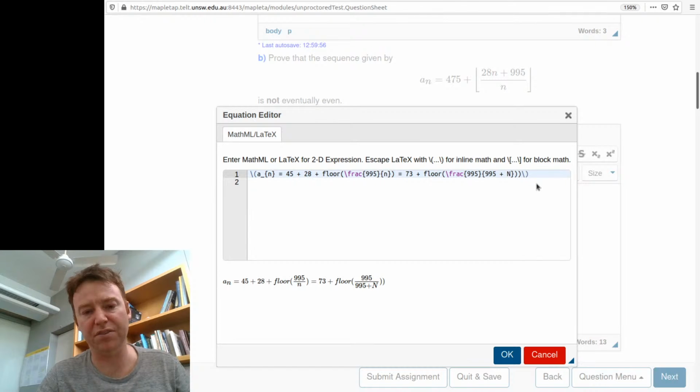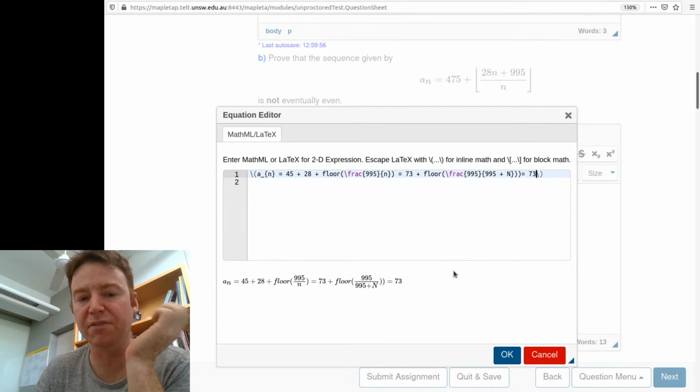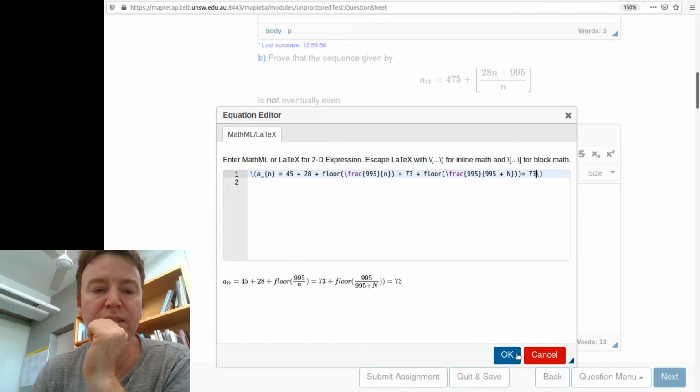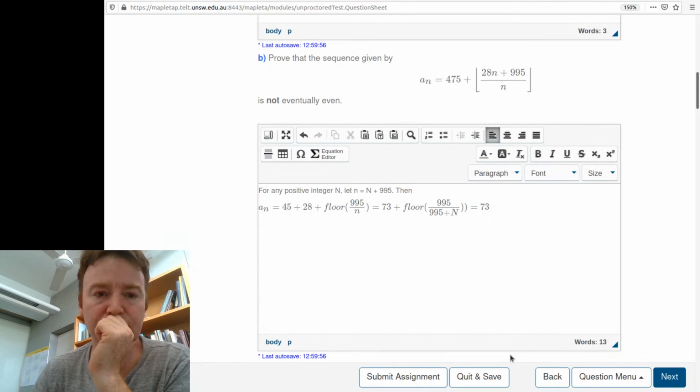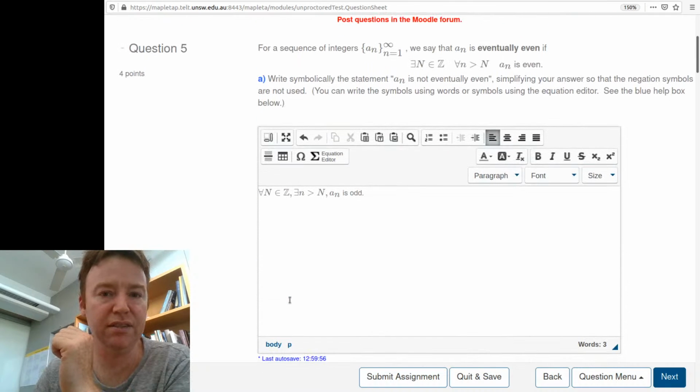And that's going to be equal to 73, because 995 over something bigger than 995 is going to be less than 1, and the floor of that will be... hang on. Is n starting from 1? Yes, it is. Nice. Okay.